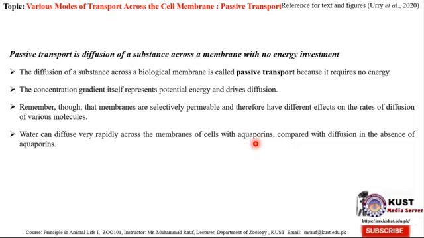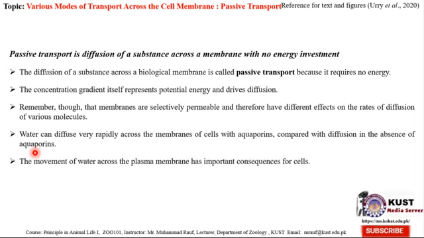About 3 billion water molecules enter per second via aquaporins, compared with diffusion in the absence of aquaporins. So if the water molecules tend to cross the plasma membrane directly, then of course the rate of movement will be much slower. The movement of water across the plasma membrane has important consequences for cells.